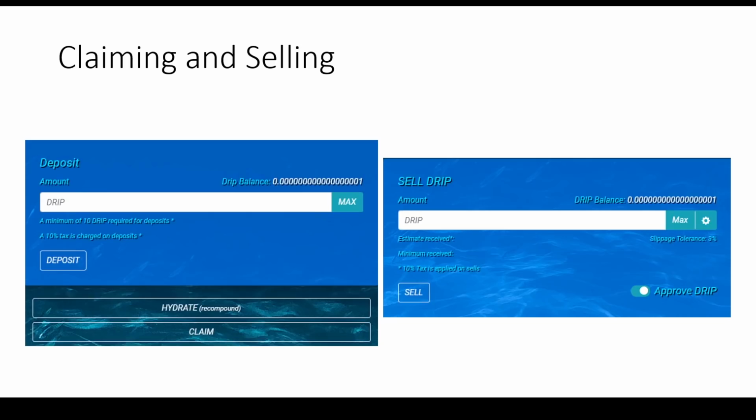Those drip tokens will be transferred directly to your wallet, and then when you come over to the Fountain page, drip.community/Fountain, you can simply type in the number of drip that you want to sell. Remember, there is a tax for doing this, as there is a tax for claiming. 10% for claiming, 5% for hydrating, 10% for selling.